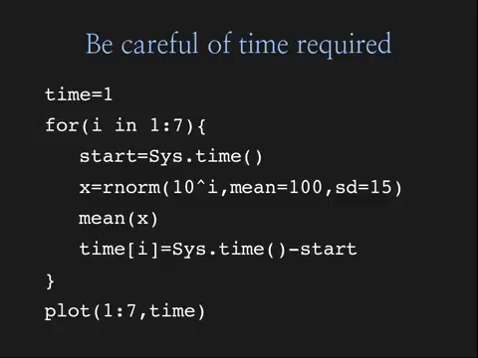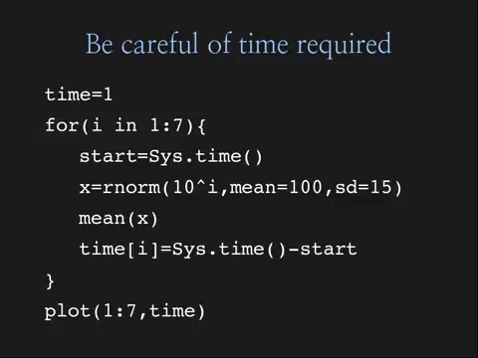Also be careful of time, as some things can get crazy long and start taking lots of time in loops. This happens. And I was going to run this code, actually maybe I will. So Sys.time is this really nice little thing. If you do Sys.time, it just reads out the time at that moment that you run it. So what you can do is start equals Sys.time.